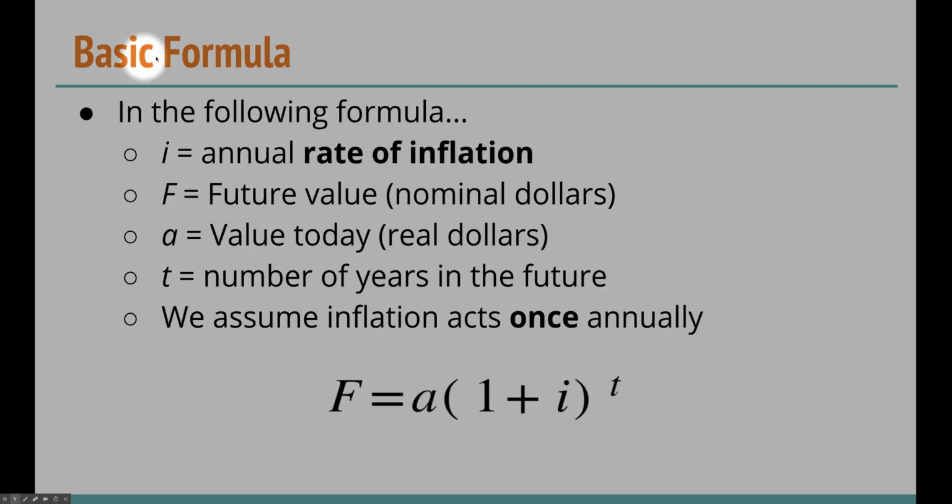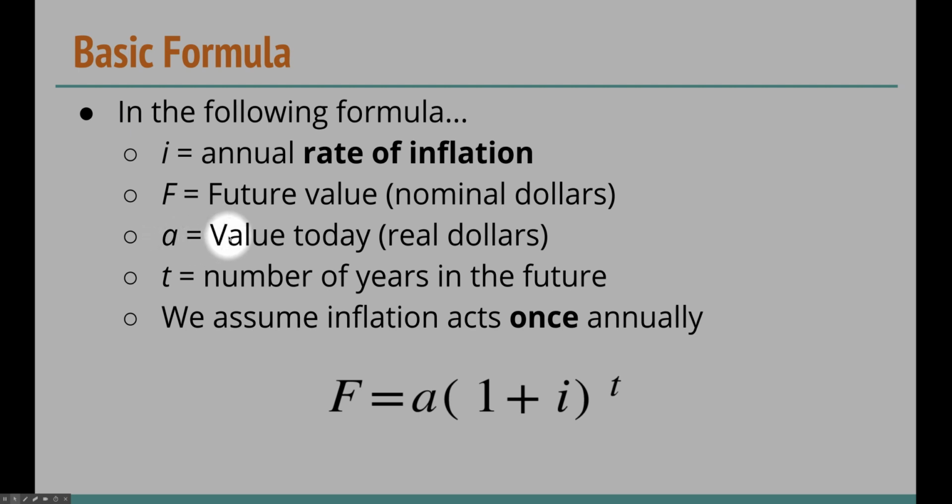So here's a basic formula that we're going to use. We're going to use I to be the annual rate of inflation. So let's say the inflation rate is assumed to be 3%, then I would be 3% or 0.03. Capital F is the future value of some amount. Those are the nominal dollars. So remember, future dollars are typically associated with nominal dollars.